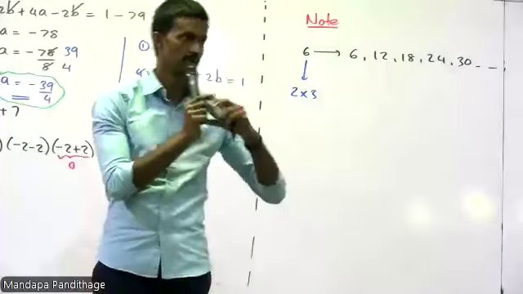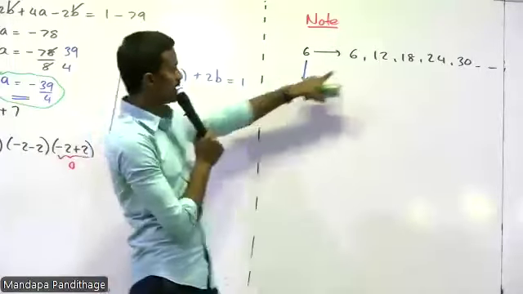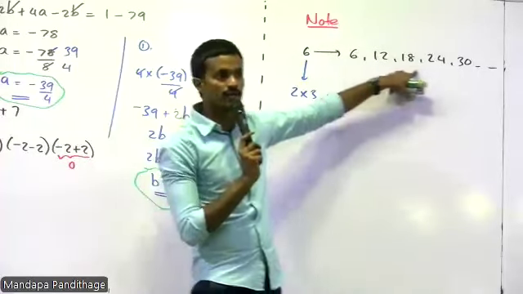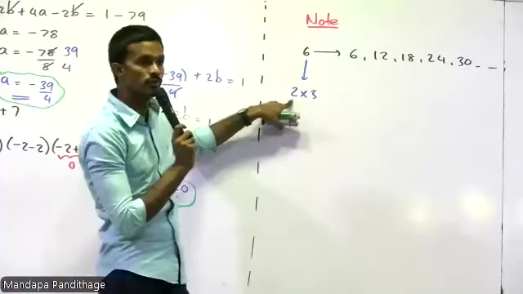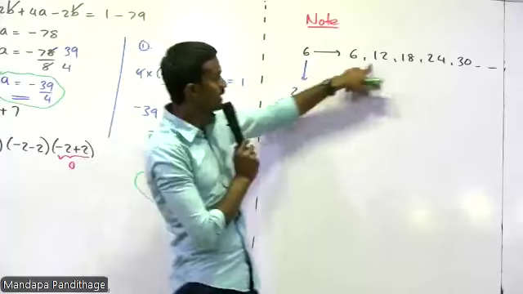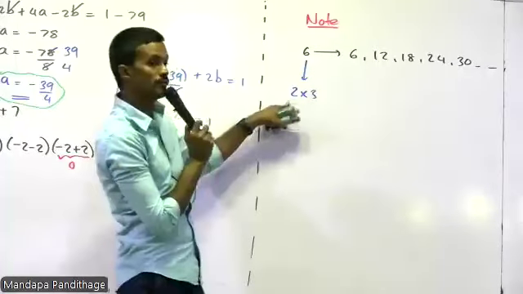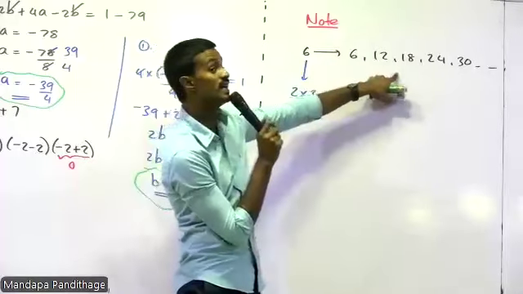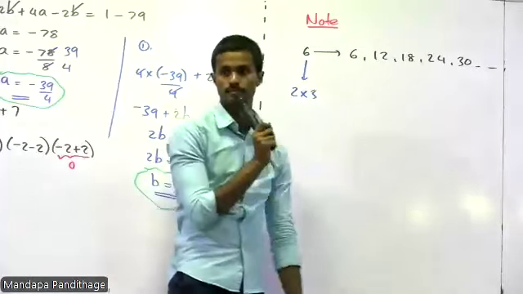Now, if you look at this, every value that is divisible by 6 you can even divide by 2, no? So if you can divide all these numbers by 2, then 2 is also a factor of these numbers.